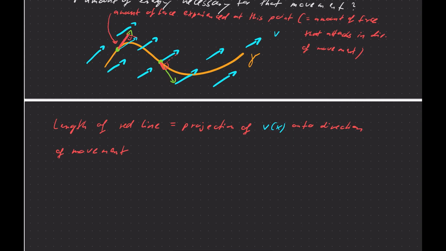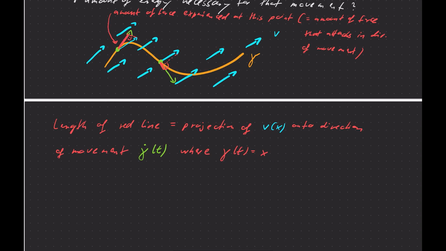And that direction of movement is given by the vector gamma dot of t, where gamma of t is exactly x. So we need to have the same point, of course. So we need to choose the point in time where the curve exactly reaches that point x.